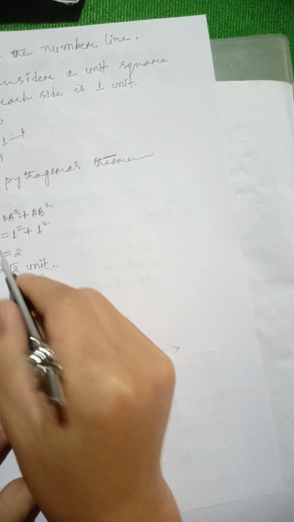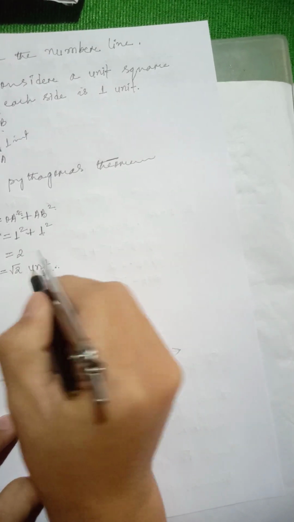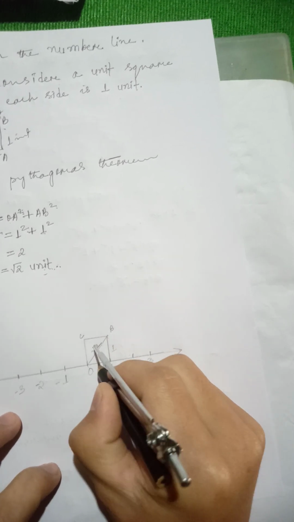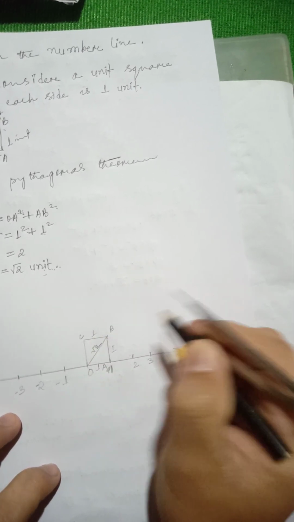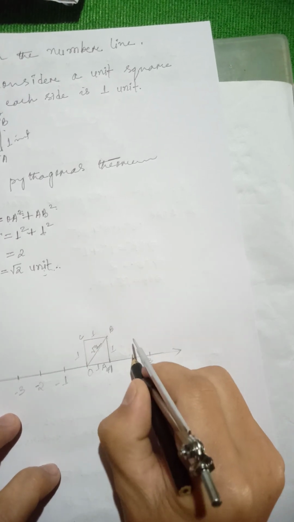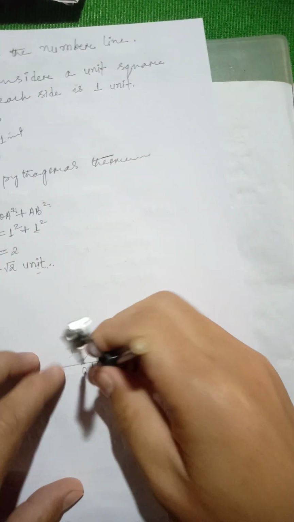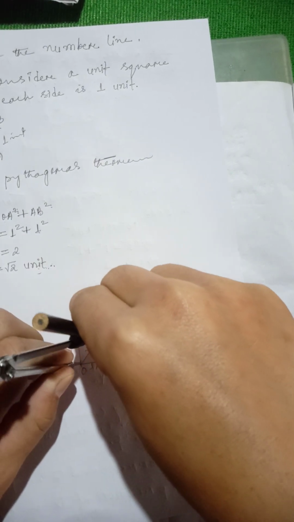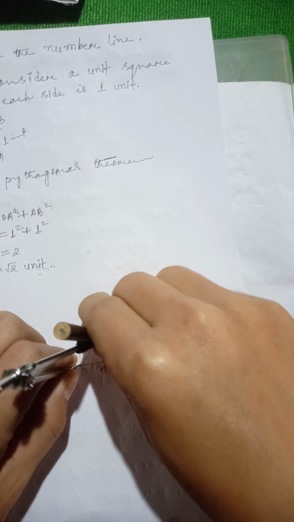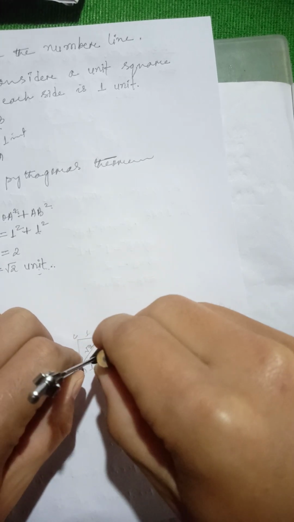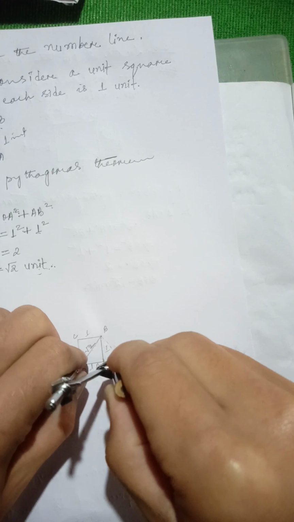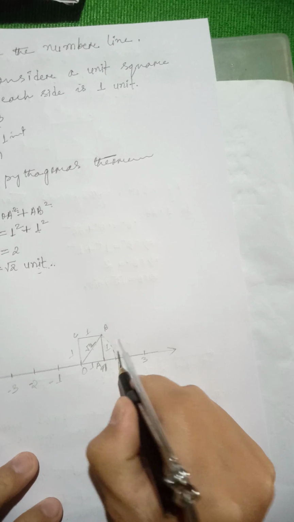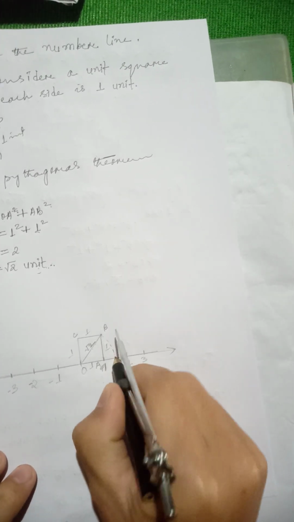Just above this we got OB equal to root 2, so we write root 2, and its side is 1 unit. From that you have to draw an arc. Let us name this as P. So P represents root 2.